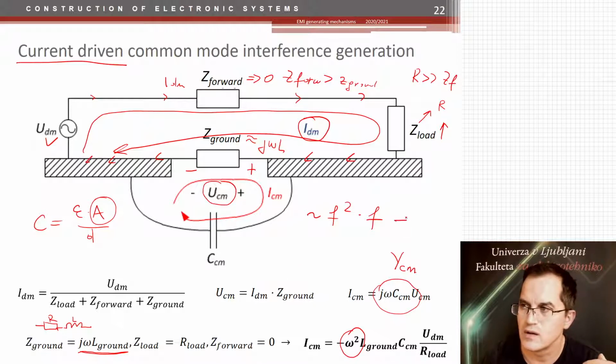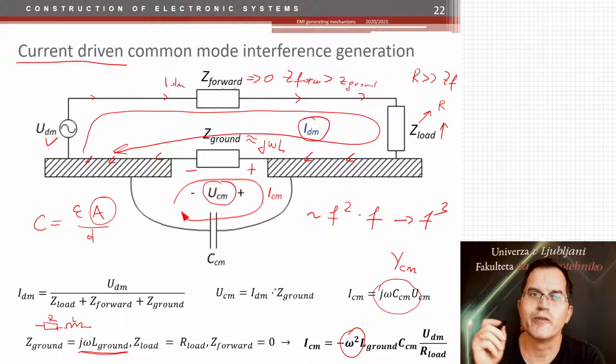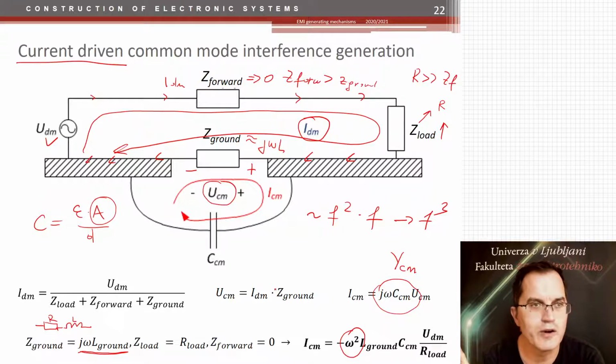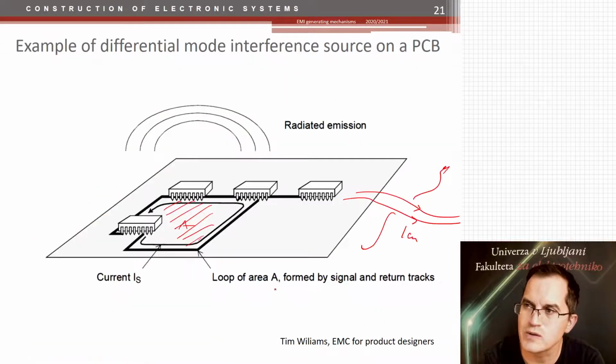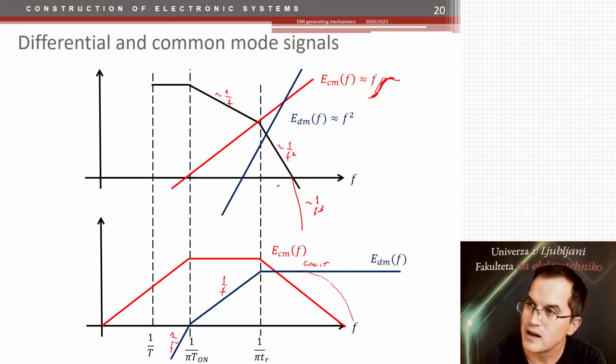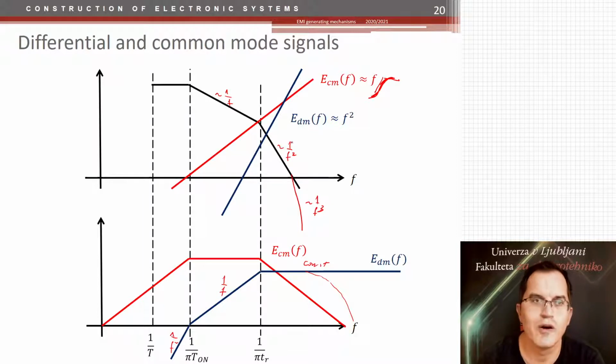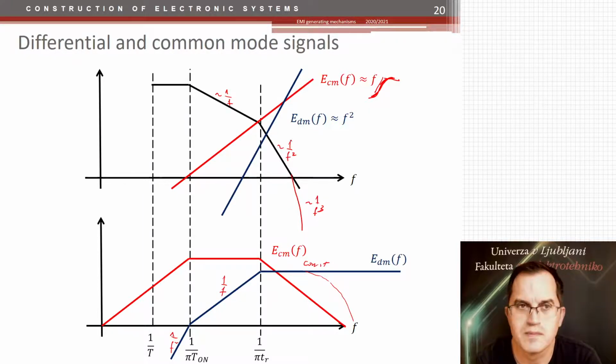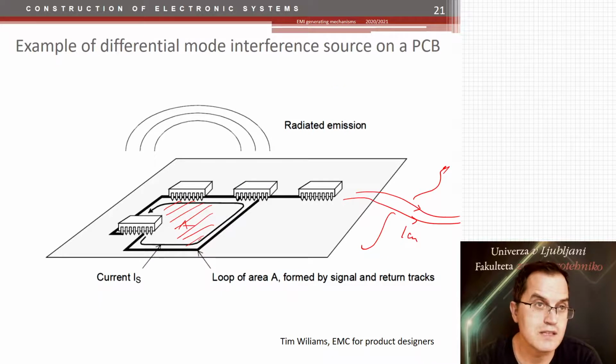So we have frequency to the 3. That's why we are really trying to minimize the frequency content of the signal, and therefore we are taking care mostly about the high frequency part of the source, and we want to avoid it as much as possible.